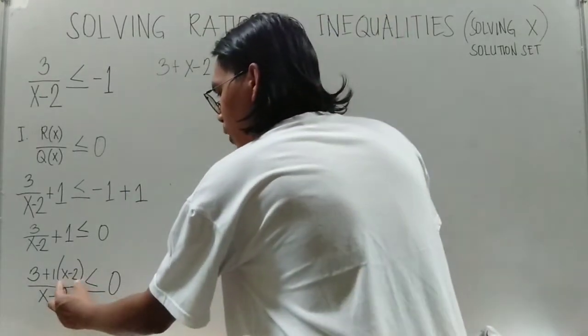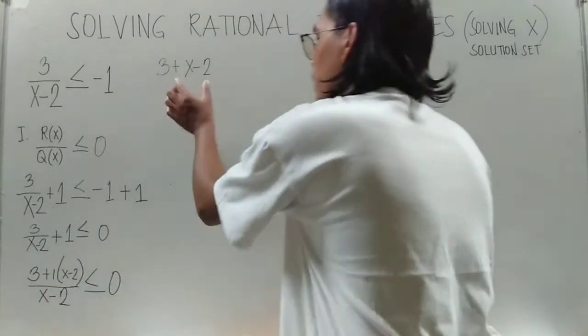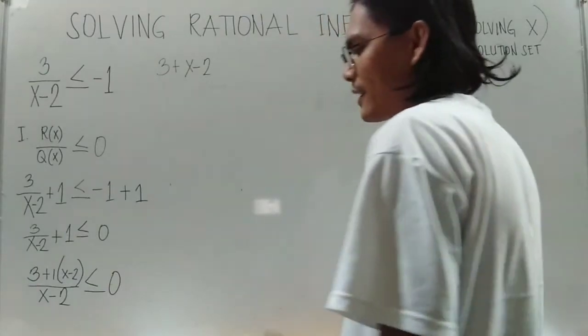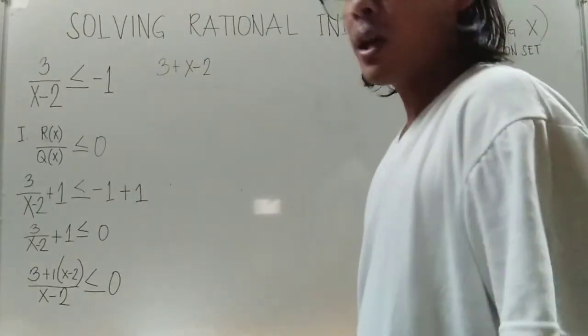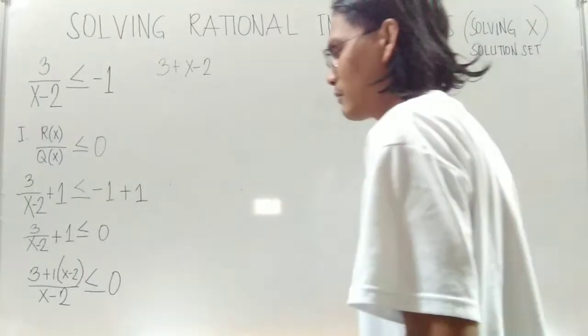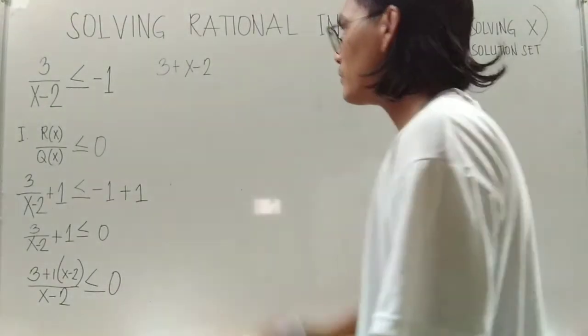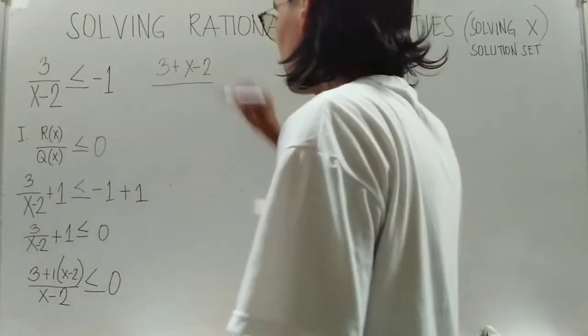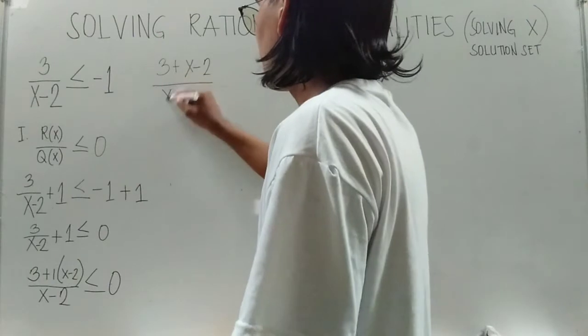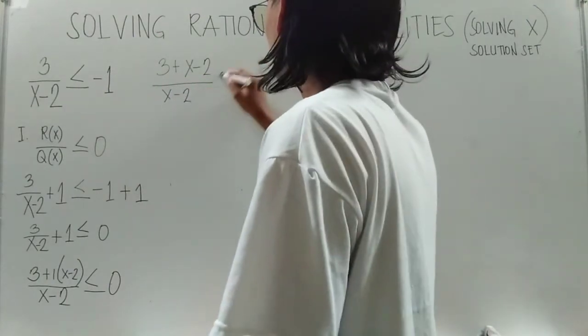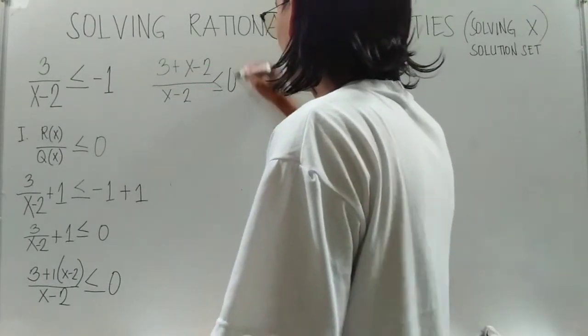Any number multiplied by 1 is equal to that number, and that is your identity property of multiplication. So continuing, your denominator x minus 2 is less than or equal to 0.